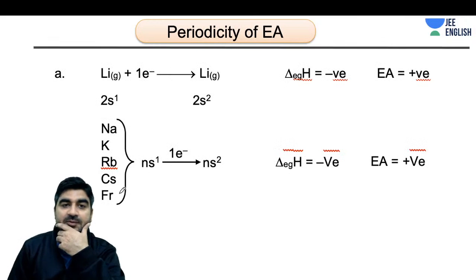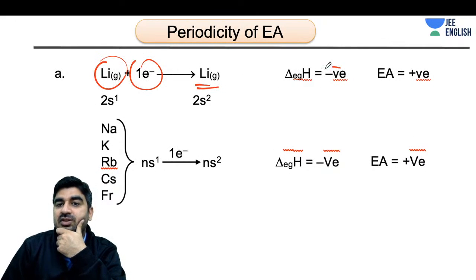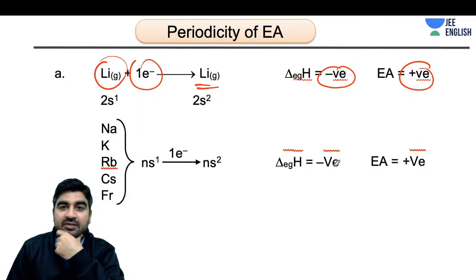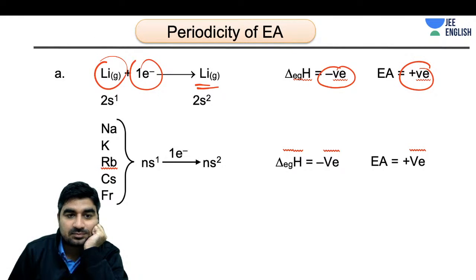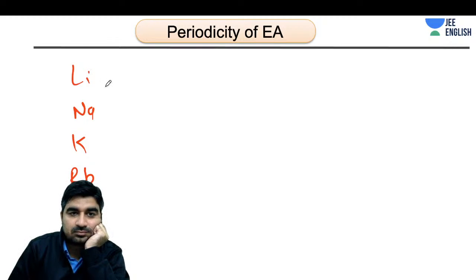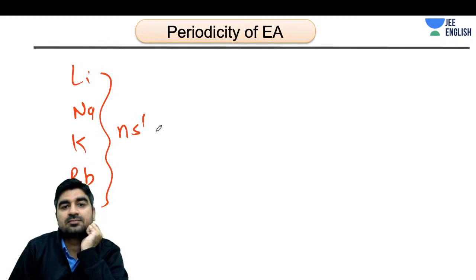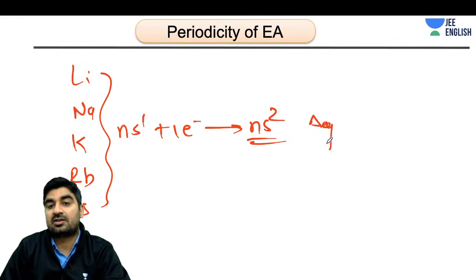Now I will tell you, lithium on gaining one electron, electron gain enthalpy will be negative, electron affinity will be positive. Not just lithium, ns1 plus one electron will become ns2.